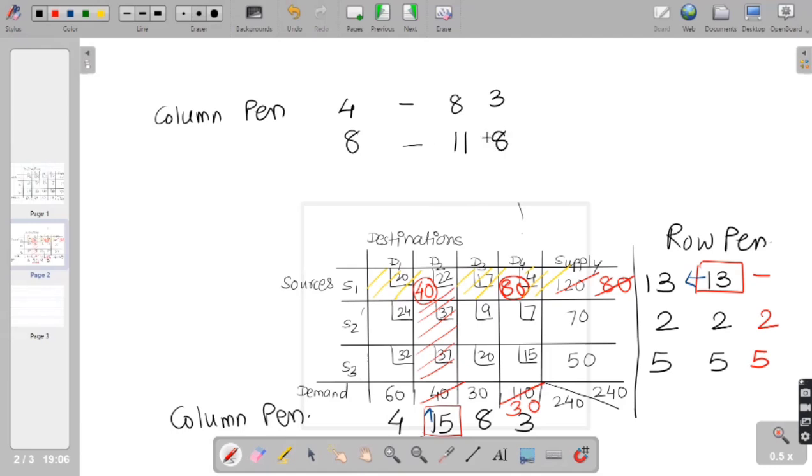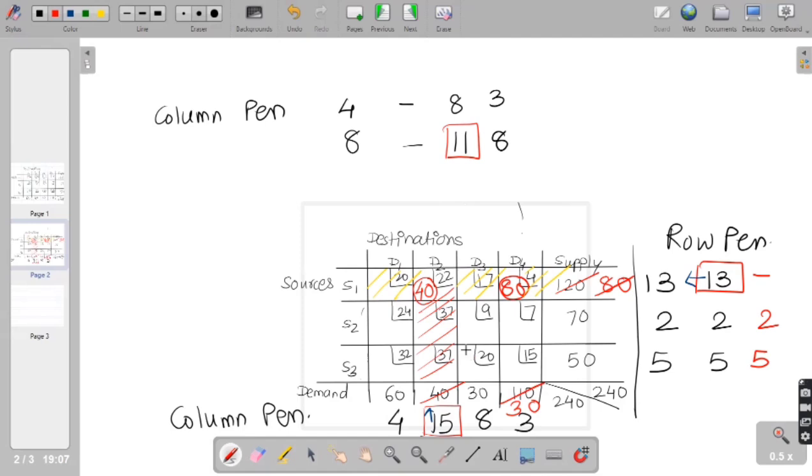Now, among these 5 penalties, 11 is the largest one, which corresponds to third column. The demand is 30 units at destination 3. And yes, 11 is the largest penalty, and that corresponds to the third column.